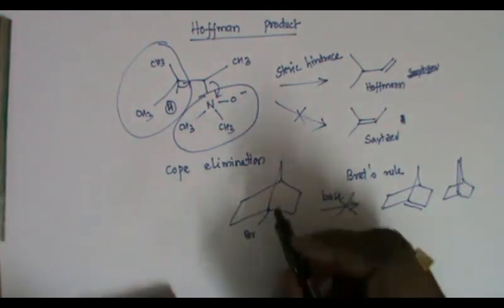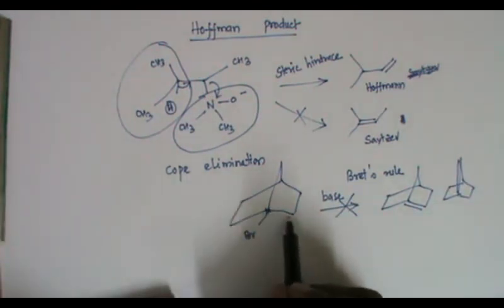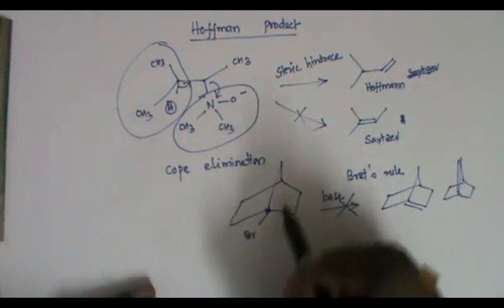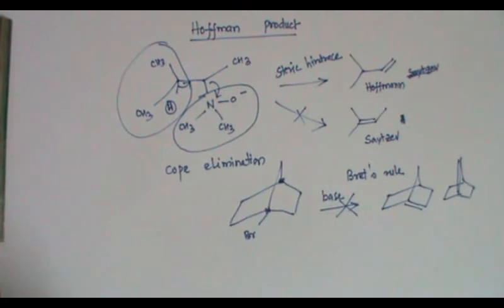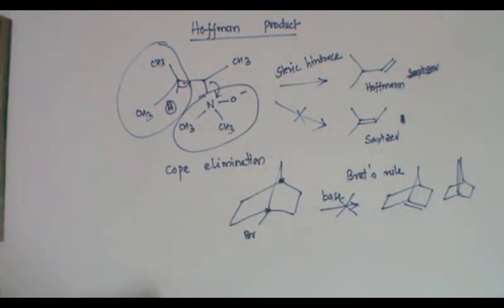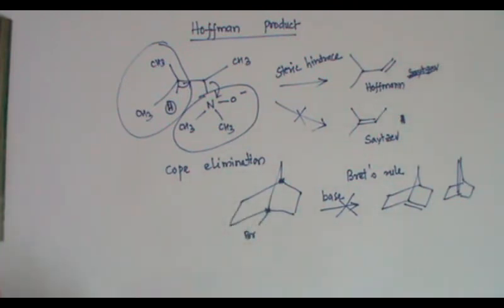What is that? It is not possible to generate a double bond or carbocation at the bridgehead carbon. Basically, the bridgehead carbon is this one. We use the term in bicyclic compounds. So it is not possible to generate a carbocation here or a double bond by elimination, when the bicyclic size is very small.